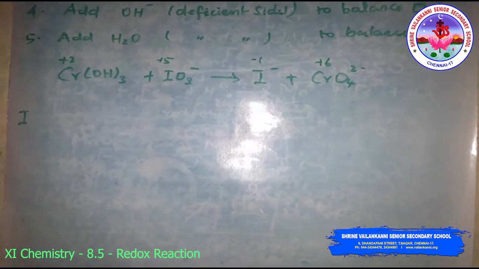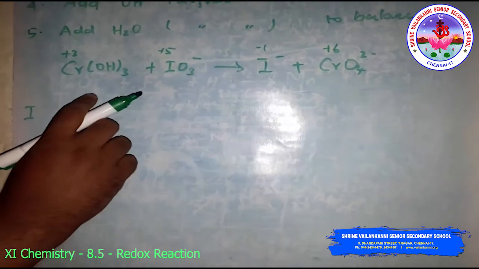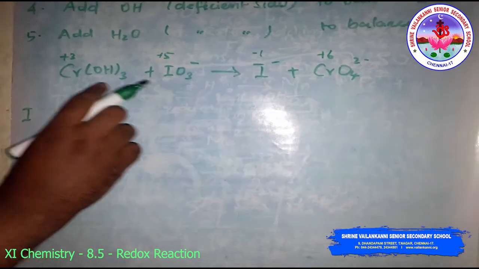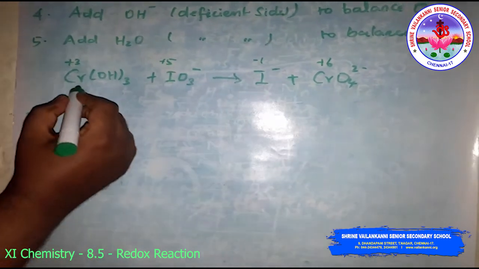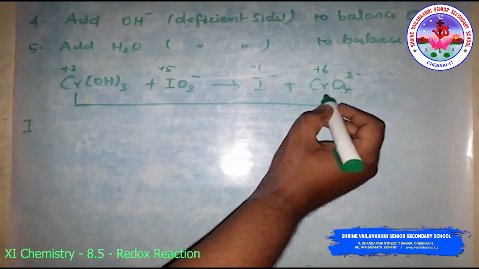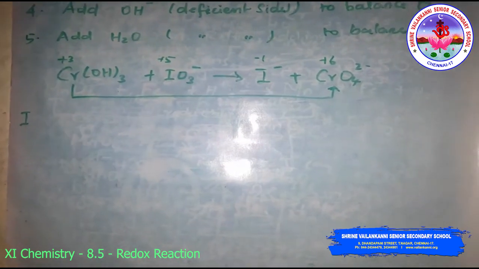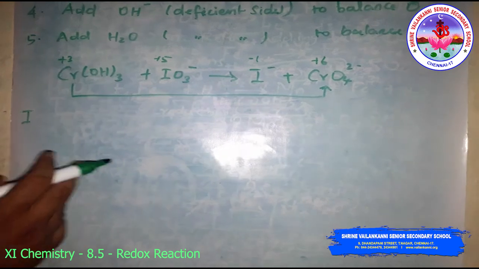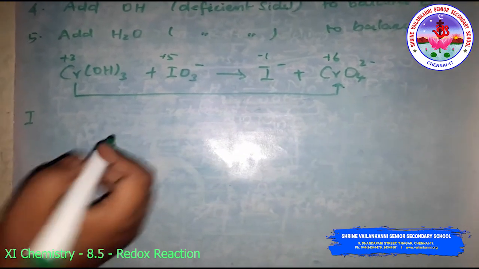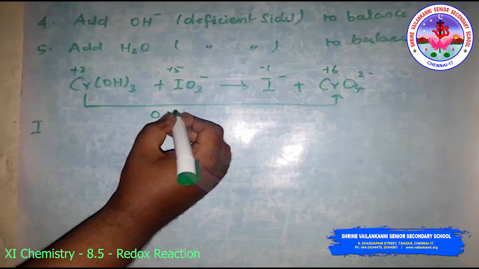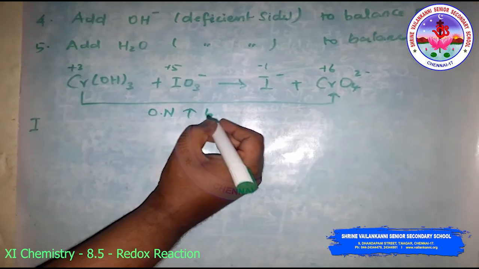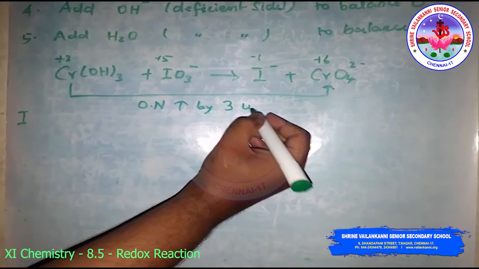Now here oxidation is plus 3 to plus 6. In this oxidation, the oxidation number increased by 3 units.